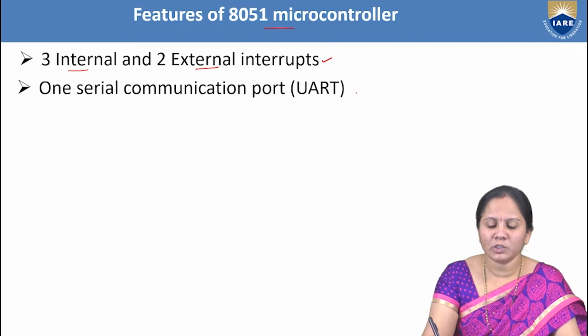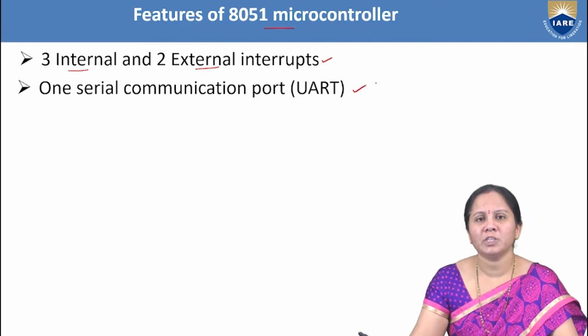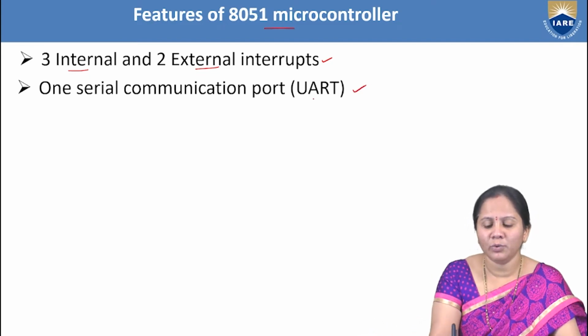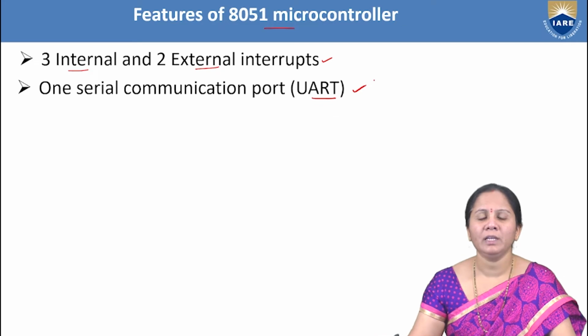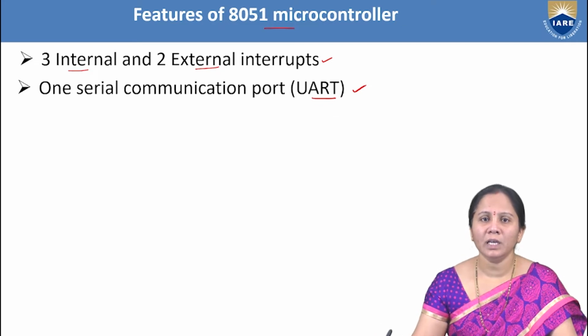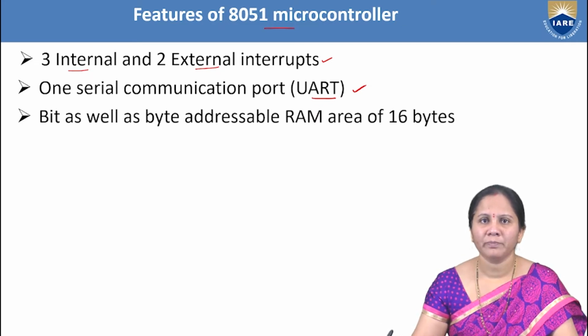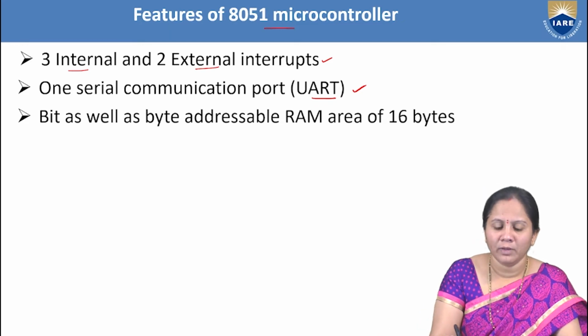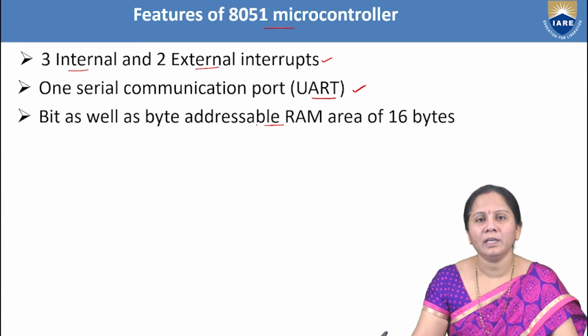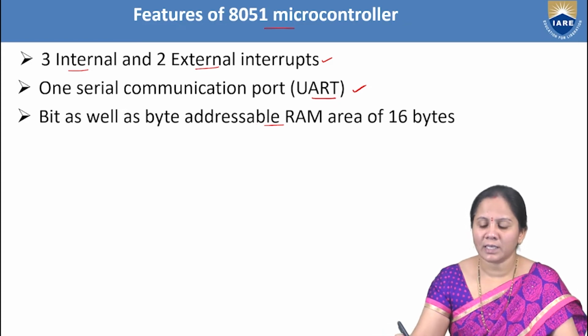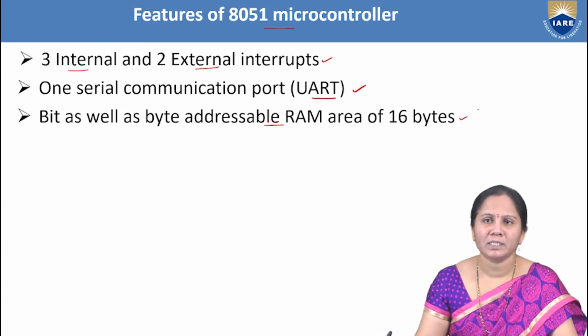It also consists of 1 serial communication port, called UART, Universal Asynchronous Receiver Transmitter, which is mainly used for serial communication. Here a bit as well as byte addressable RAM area is available, and its size is 16 bytes.